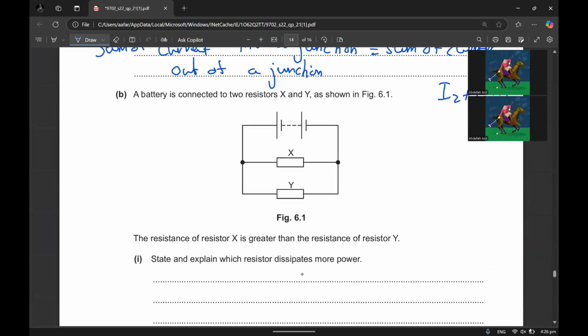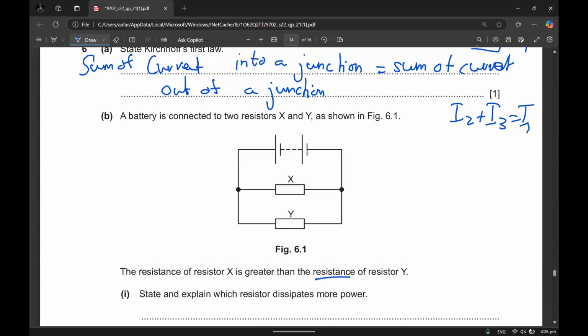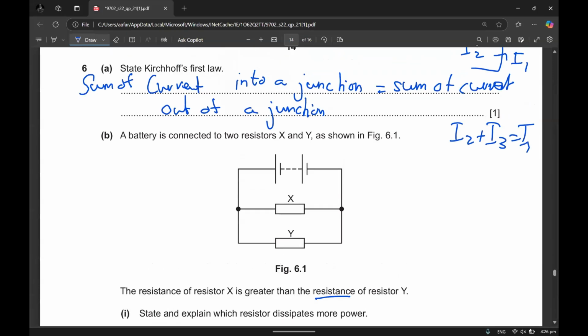The battery is connected to two resistors X and Y as shown. The resistance of resistor X is greater than the resistance of resistor Y. State and explain which resistor dissipates more power. So we know that current will flow in the path where there is less resistance.